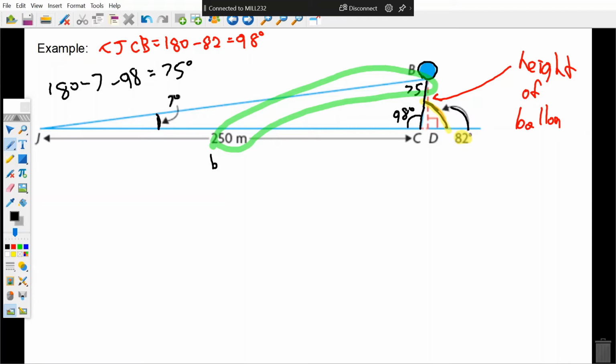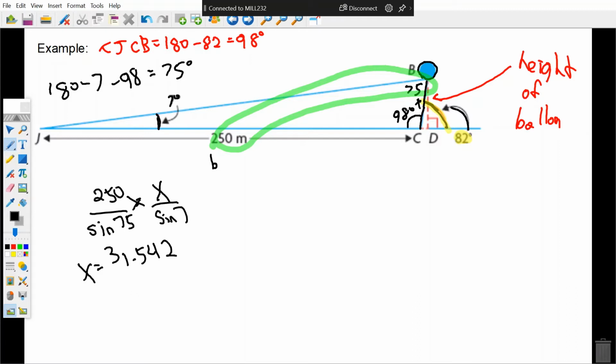So my equation for that would be 250 over sine 75 equals x, or I could have called it j, whatever, this right here, over sine of 7, as 7 is the opposite angle to this side. So this is just a quick sine law cross multiplication. You will get that x is 31.542.